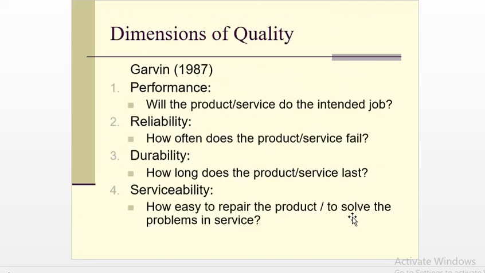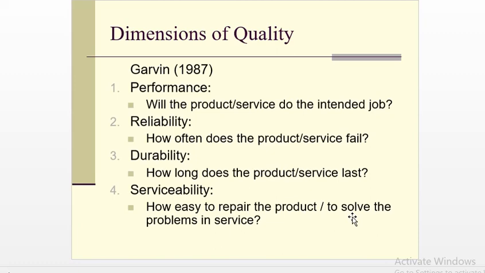As far as the dimensions of quality, there are various dimensions as I told you earlier. Your mobile is defined based on performance, reliability, durability, and serviceability. Performance is nothing but whether the product or service will do the intended job. That is called the performance of that particular quality.